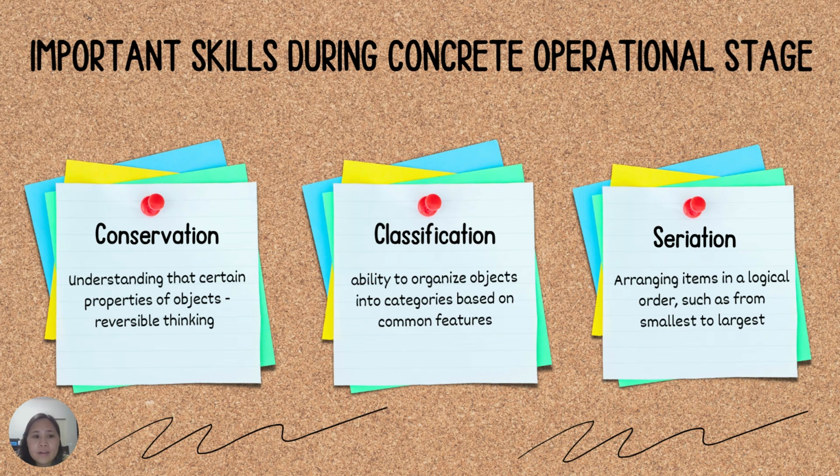Then we have here classification. It's the ability to group objects based on common features. Example, in science lessons, when learners can sort leaves in terms of their size or color, or animals by type, that is building analytical thinking.